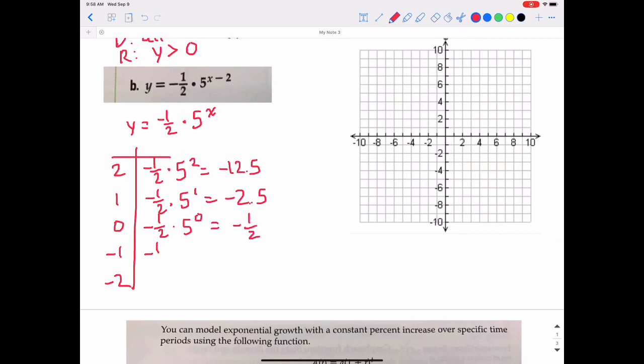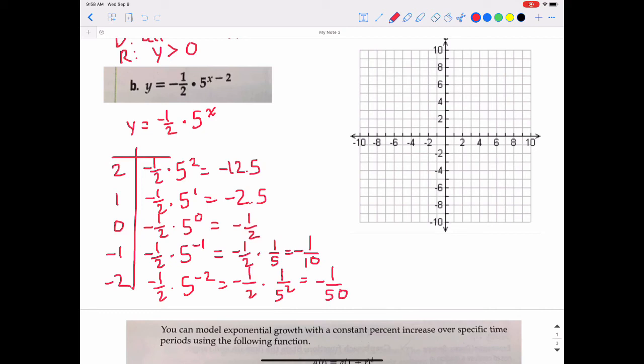And then when you have -1/2 times 5 to the -1 power, remember that's the reciprocal, so that's the same as -1/2 times 1/5, which is -1/10. And then -1/2 times 5 to the -2 power would be -1/2 times 1 over 5 squared, which would be -1/50.